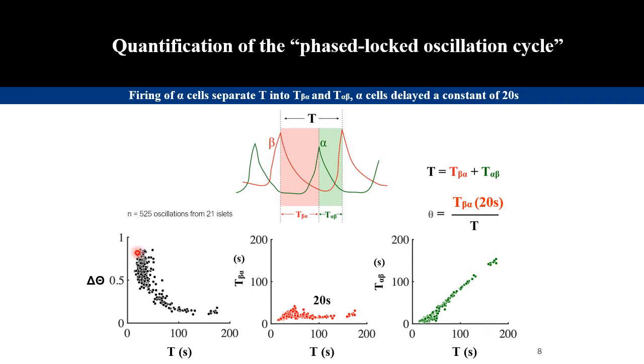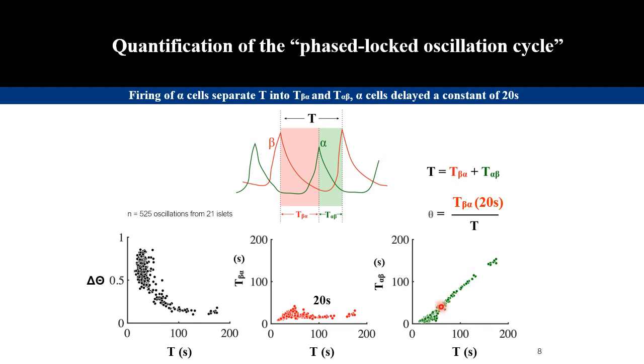We found the phase shift depends on the period in an inverse proportional function manner, and this is because the waiting time of alpha cells is about a constant value, roughly 20 seconds.